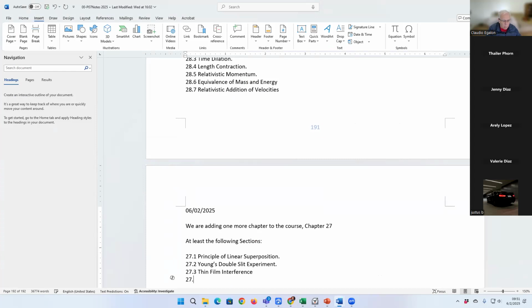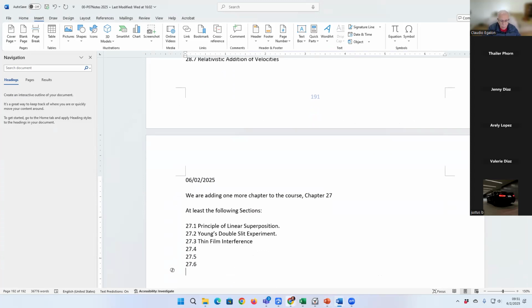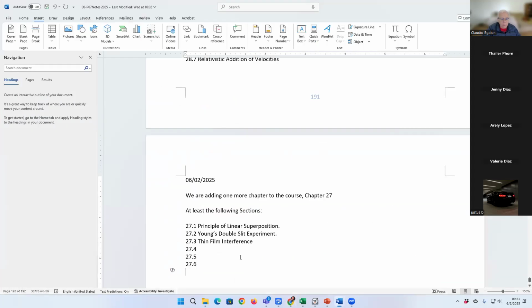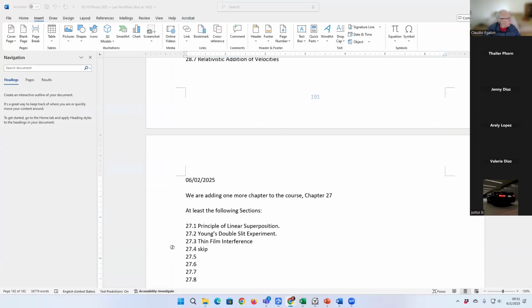For now, 27.4, 27.5, 27.6, 27.7 and 27.8, we're skipping for now. Michelson interferometer. Remember that guy that won the Nobel Prize? He was the first American to win the Nobel Prize.